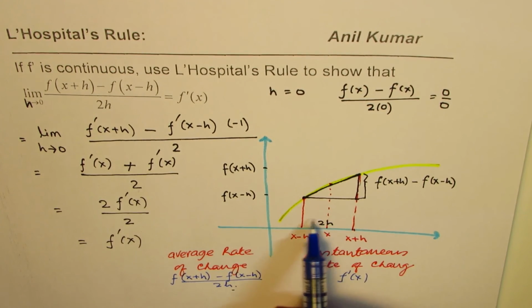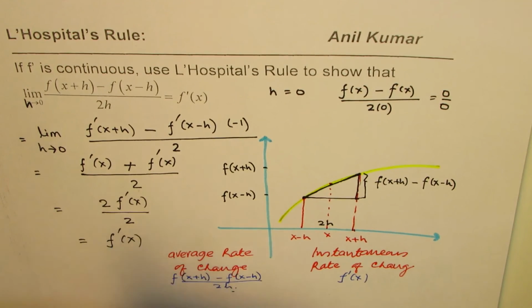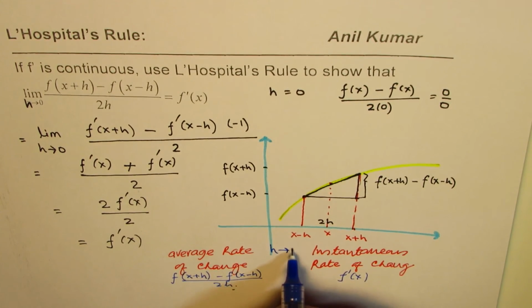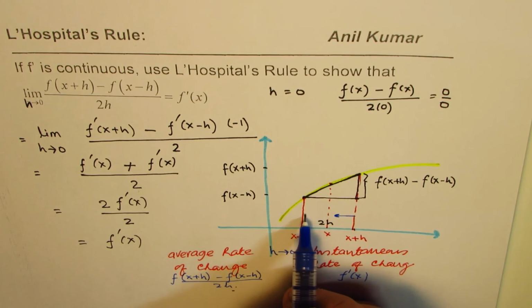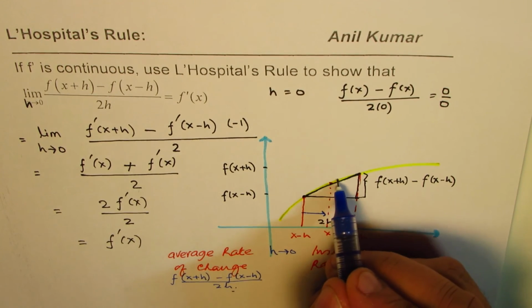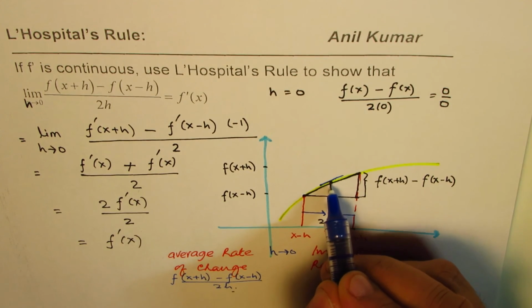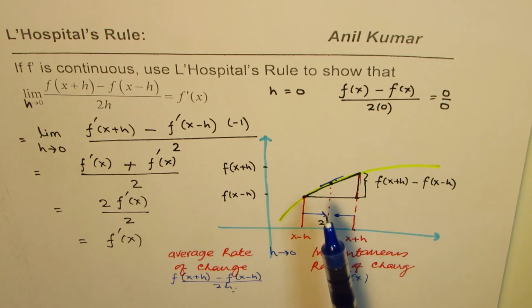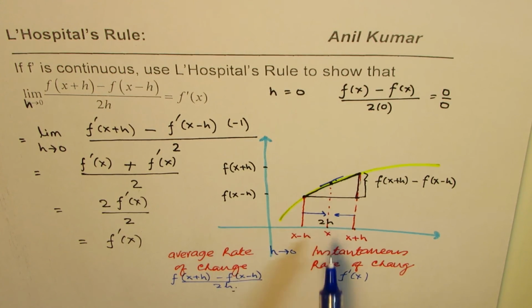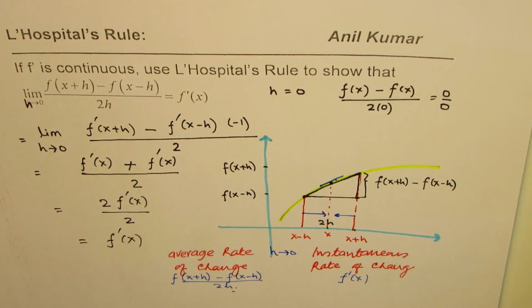Now when h becomes very, very small, as h approaches 0, this gap closes up. Then this will be the tangent at the given point, a equals x. So it gives you a way of relating the average rate of change with the instantaneous rate of change. So it has huge significance.